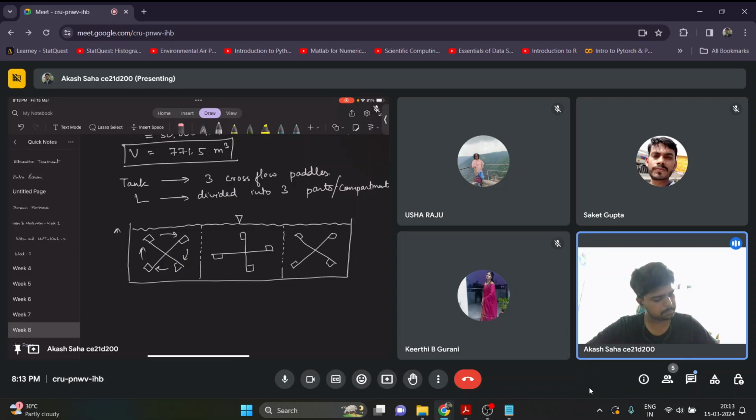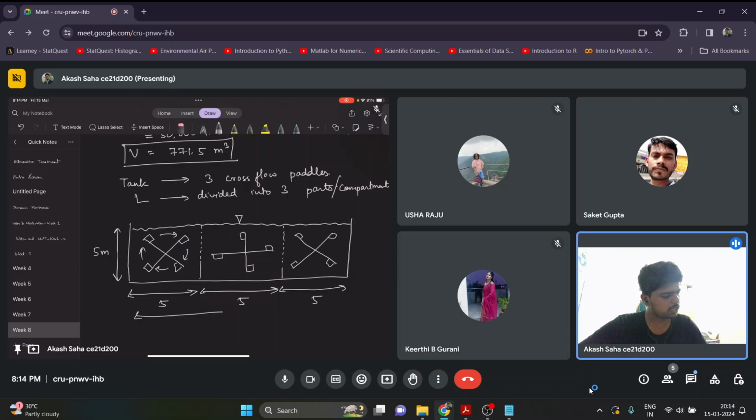So this depth, I am assuming it as 5 meters. If this depth is 5 meters, and each of the compartments I am assuming to be a square, then this will also be 5 meters, this will also be 5 meters, and this will also be 5 meters.